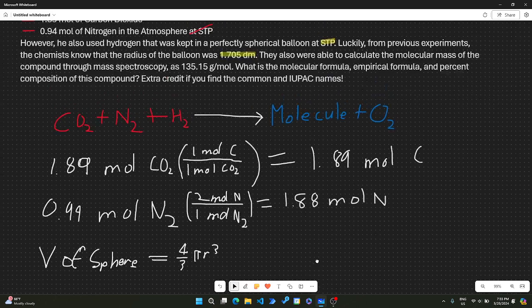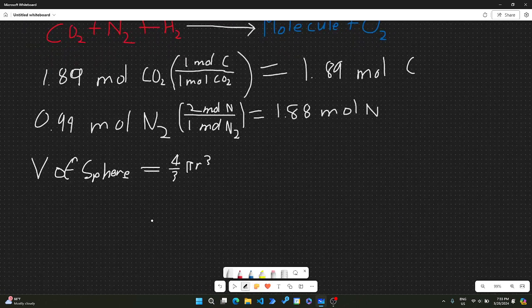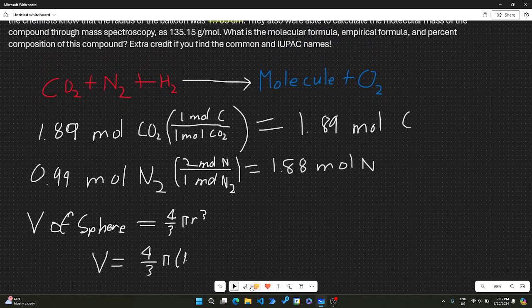Now, we were given the radius, which is 1.705 decimeters, so we know that the volume of our balloon is equal to 4/3 pi times 1.705 decimeters.